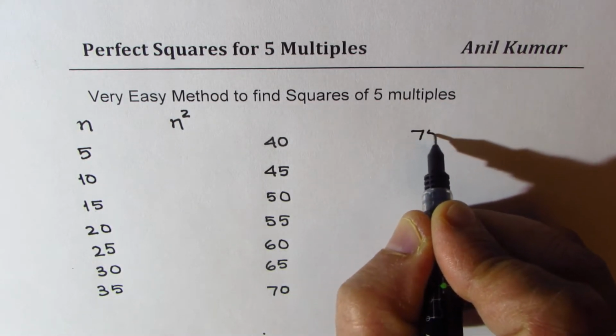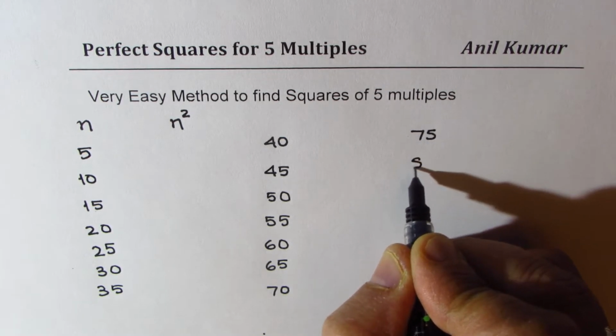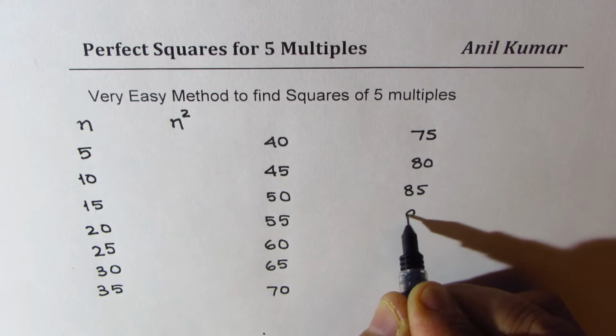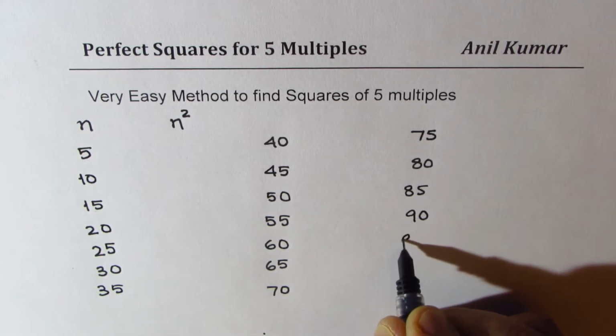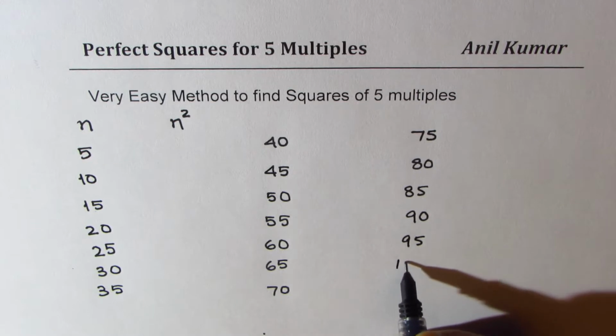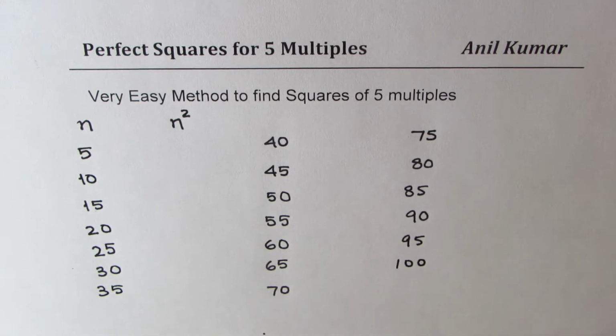Let's continue. 75, 80, 85, 90, 95. Let's close at 100. Okay, these are all multiples of 5.